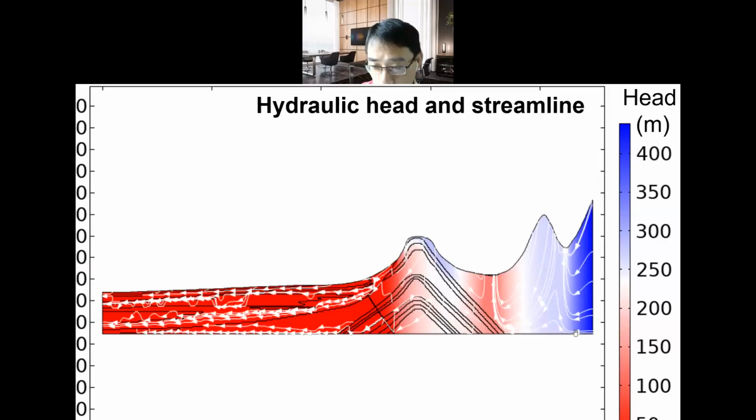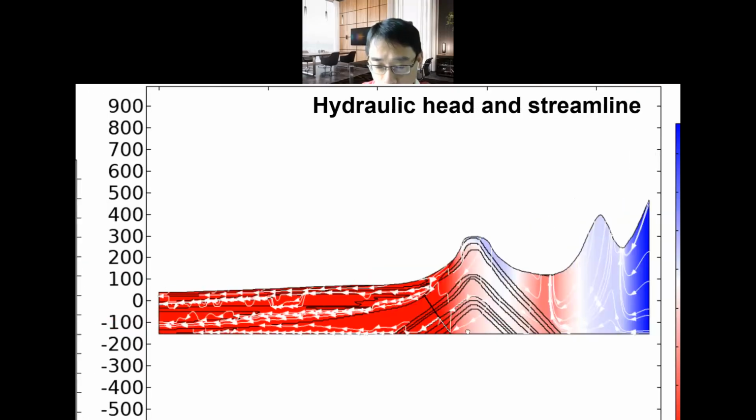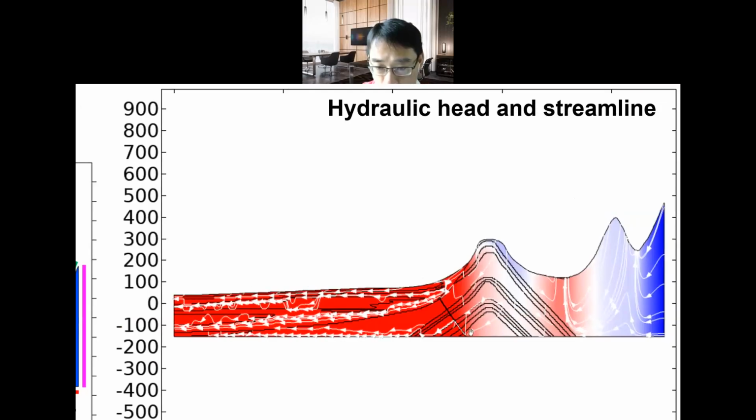Some of the much deeper groundwater flow will also follow the formations and then even penetrate the formations to the fault system, and groundwater will flow through the fault system. Some of the formations are able to have penetration behaviors, so the water will flow to the downstream.